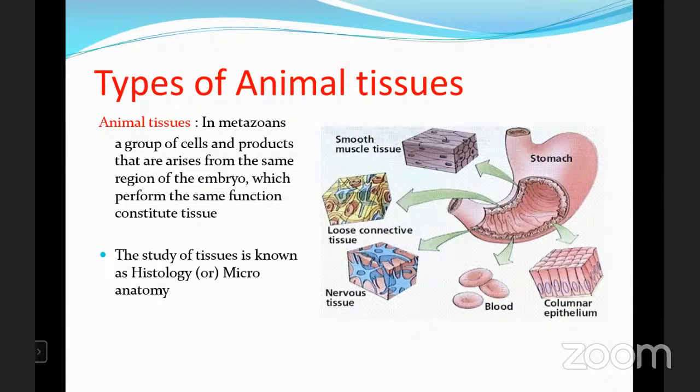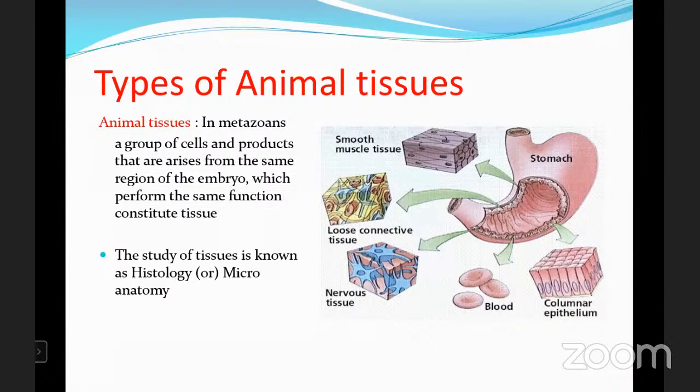Means a group of cells which originate from the same place and have the same function are known as the tissue. The study of tissue is known as histology or microanatomy.